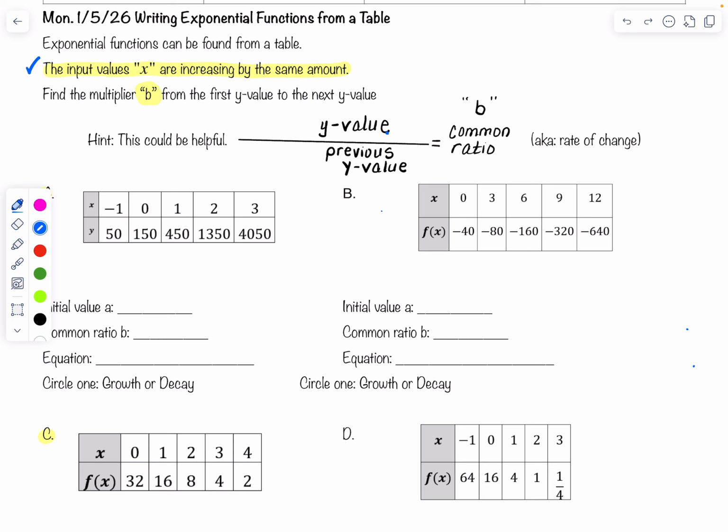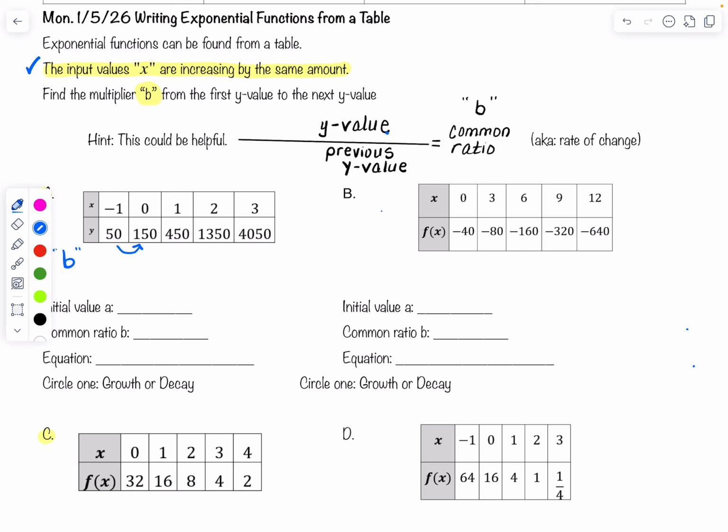As long as they're doing that, then we can jump to find the common ratio, the b value, right? So to find the b value, we have to find out what are they multiplying the y's by each time to get the next y value. So if I'm looking for b, how are they multiplying 50 to get 150?